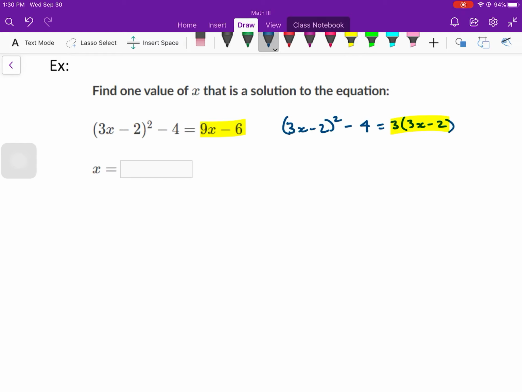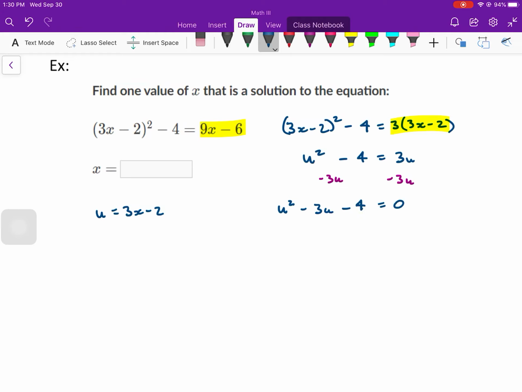Now, if I substitute u in, let's just say u equals 3x minus 2, then we'll have u squared minus 4 equals 3u. Now, remember, the zero product property only works if it equals 0. So let's move this over here by subtracting it. So you get u squared minus 3u minus 4 equals 0.